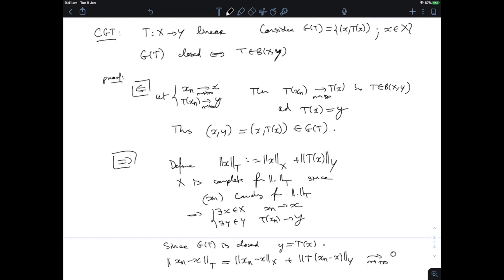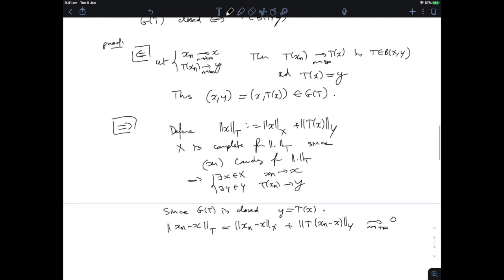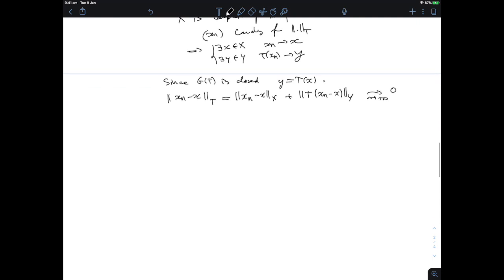Okay, so now that we know that X endowed with the new norm, the T norm, is complete, therefore also a Banach space, we can consider a new map to which we're going to apply the open mapping theorem. So we consider an injection map, let's call it J, to not mistake it for a complex number, that goes from X with the T norm to X with its standard norm that defines it as a Banach space to start with.